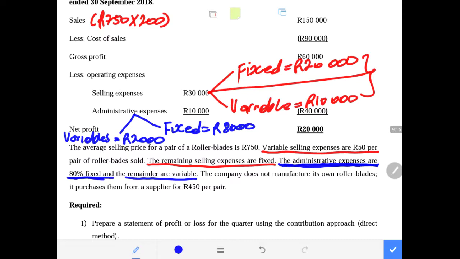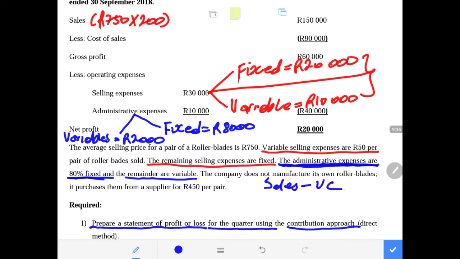Take note that in the requirement, we were required to prepare the statement of profit or loss for the quarter using the contribution approach. I said to you that the contribution approach, which is the marginal contribution approach, says sales minus variable cost.